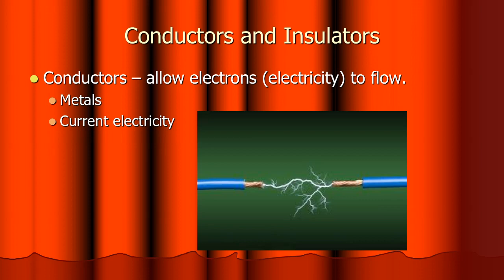Conductors allow electrons or electricity to flow. Remember, electricity is the flow of electrons. That's why they both start with the same letters. These include metals, and this is something that we will talk about next, which is current electricity.